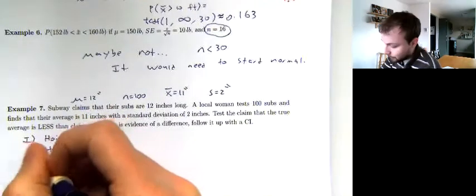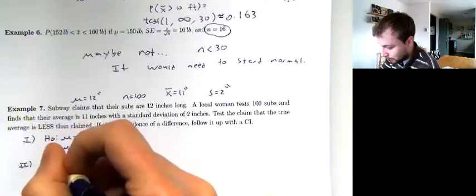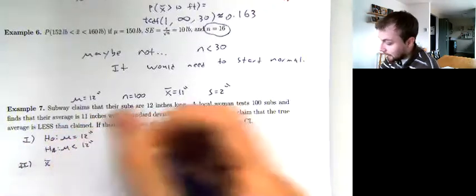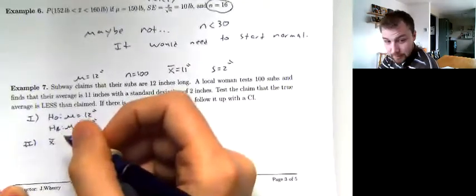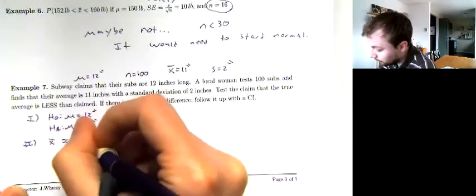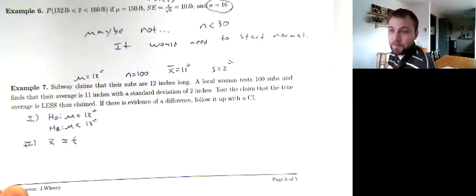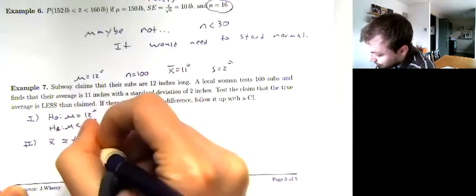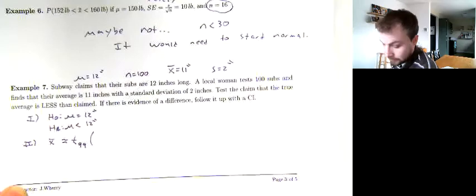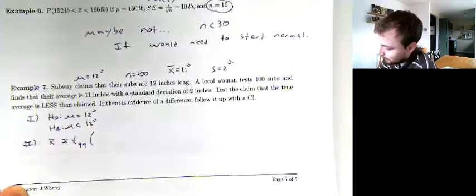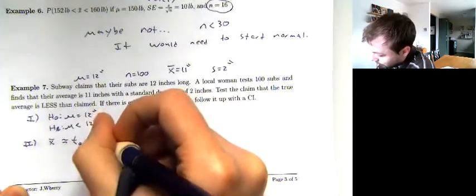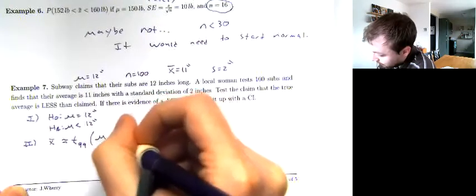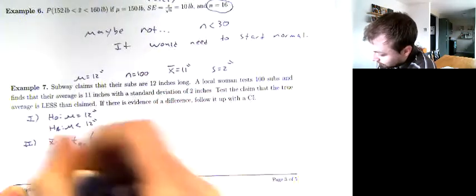Second step, I'm coming up with my model. I have S instead of sigma. So for my model here, I'm going to be using t-scores instead of z-scores. 100 samples gives me a degree of freedom of 99, always one less here. My mu, my S, my root n.